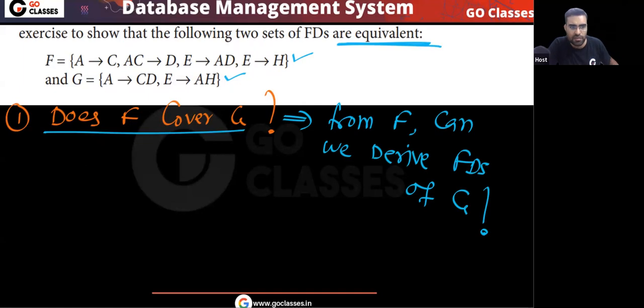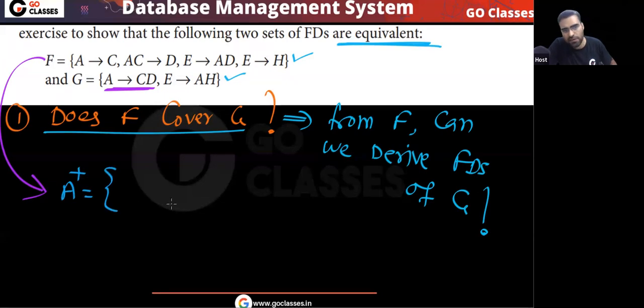First you tell me about this FD. In F, you find what A plus is. A plus in F will be A; A can determine C, AC can determine D. I can stop here, right?